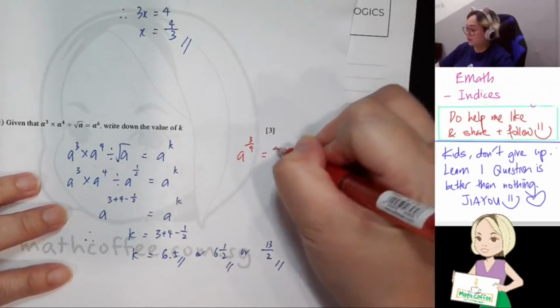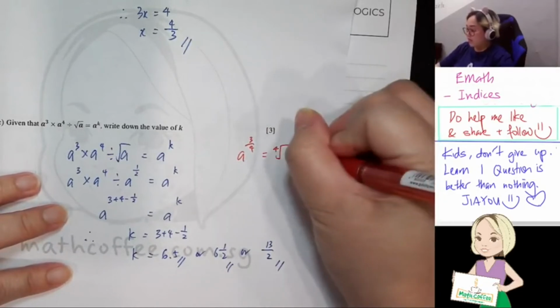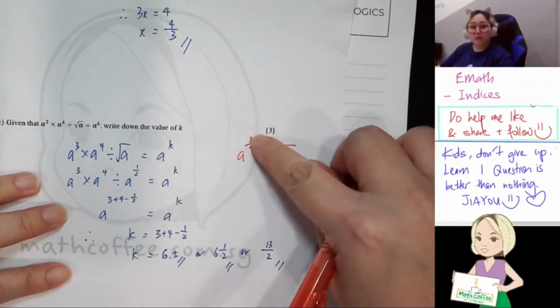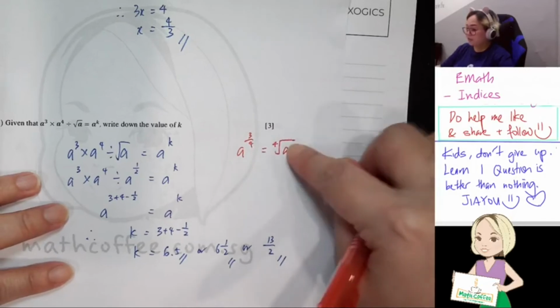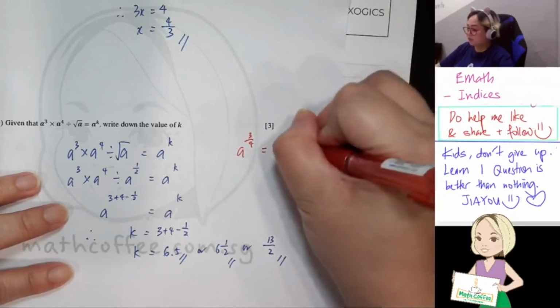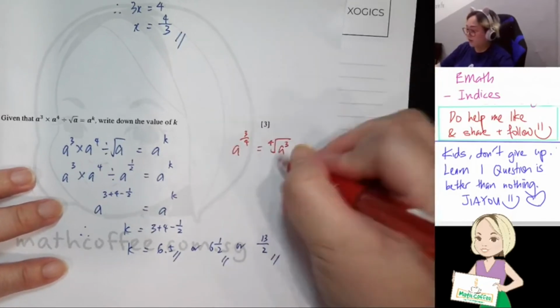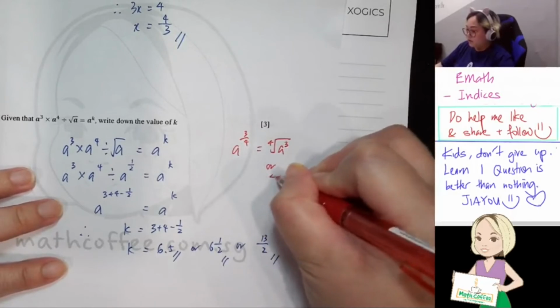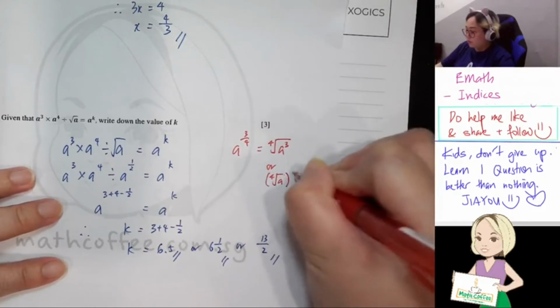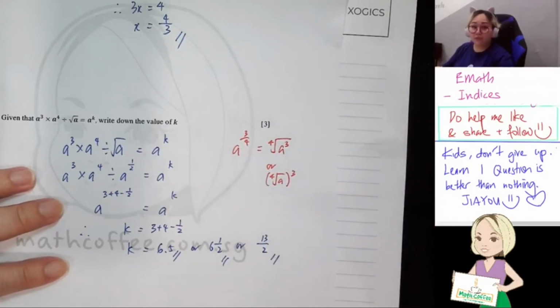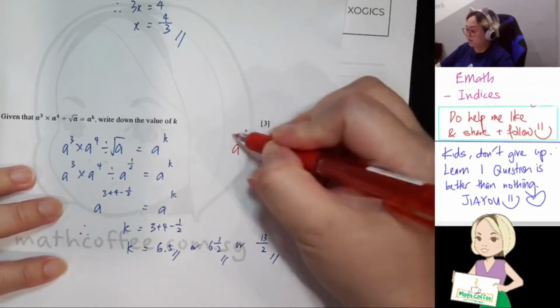So in this case, this is the fourth root of a. The power 3 you can put inside or outside, it doesn't matter. Even if you put it this way, it is also correct: the fourth root, then to the power of 3. So this is how you handle fraction powers.